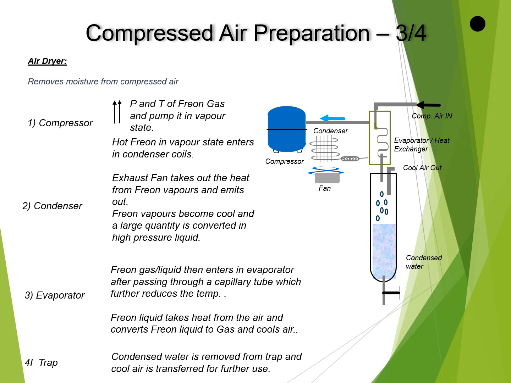The freon liquid gets converted into the freon vapors for the next cycle. During the process, a large amount of moisture is also liberated by the compressed air, which is collected into the trap, and the cool air is taken out for further use.